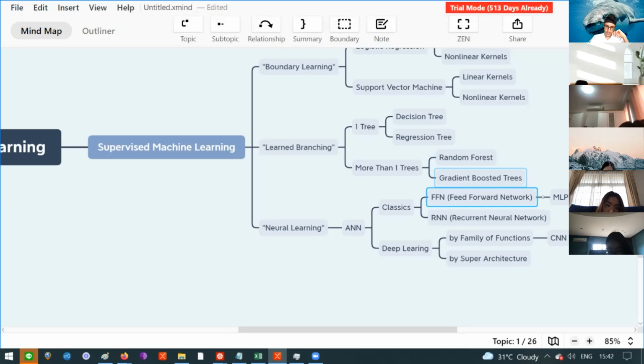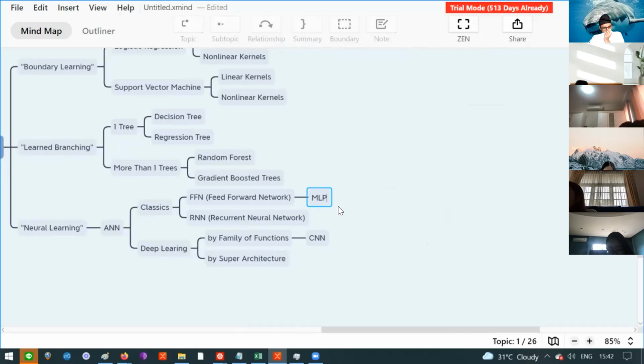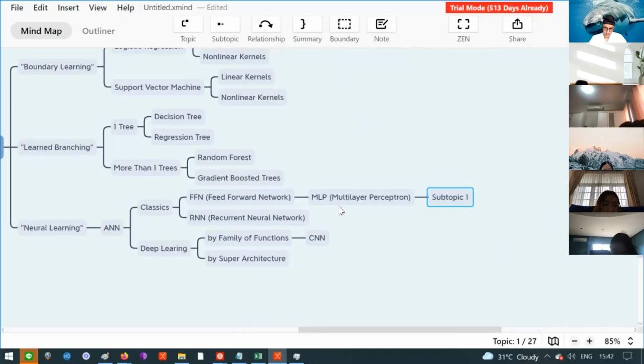Okay, MLP is a little bit like that, except MLP is multi-layer perceptron. And then you have something like regular, classic.